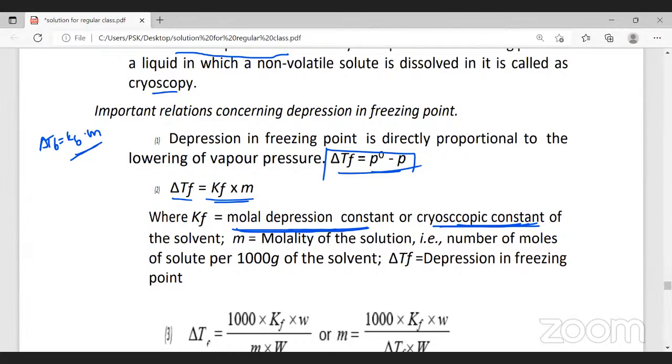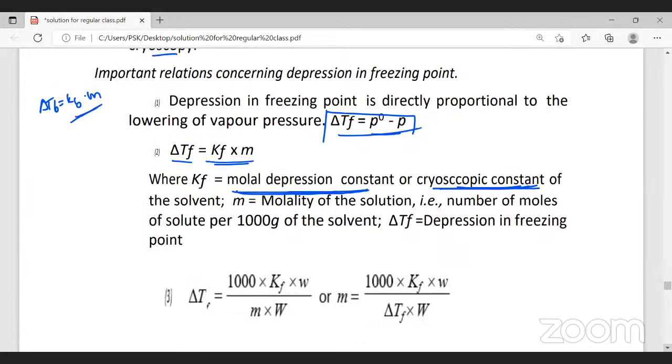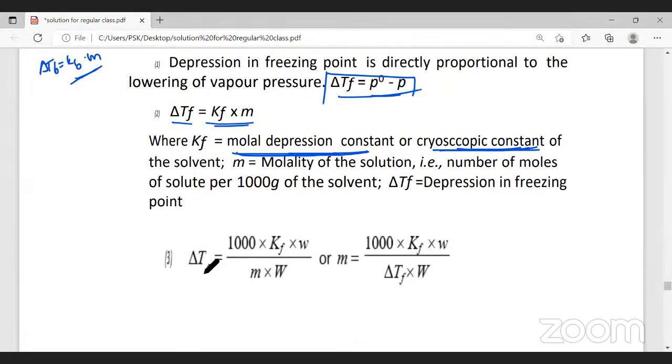Now the relationships are the same as we learned in case of delta TB. Here delta TF, depression in freezing point, is given by the formula Kf into w into 1000 divided by M into W. Or else maybe we can write 1000 into Kf into w divided by M into W. What is this Kf? Kf is called the molar depression constant. What is this w? This w is weight of solute. And what is this M?